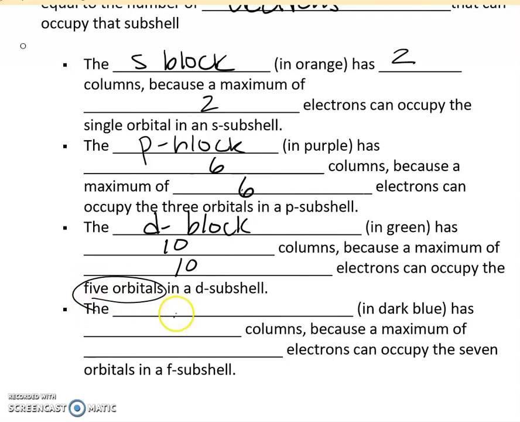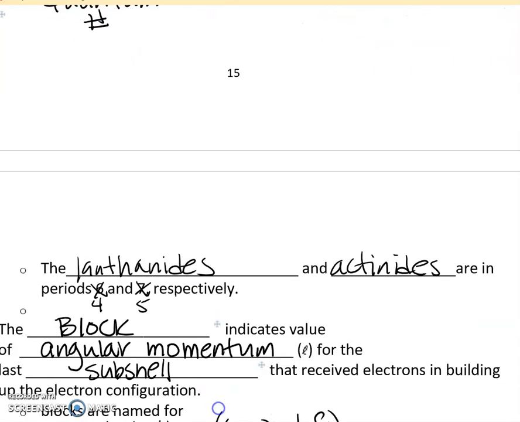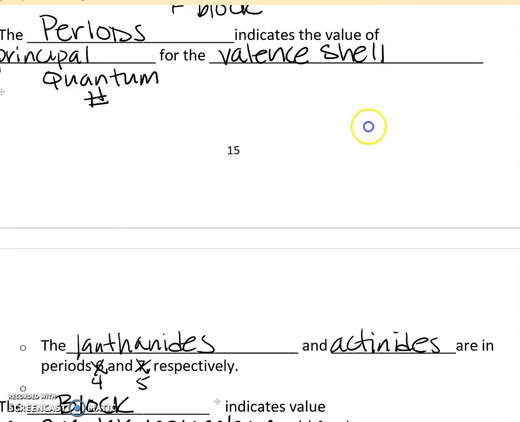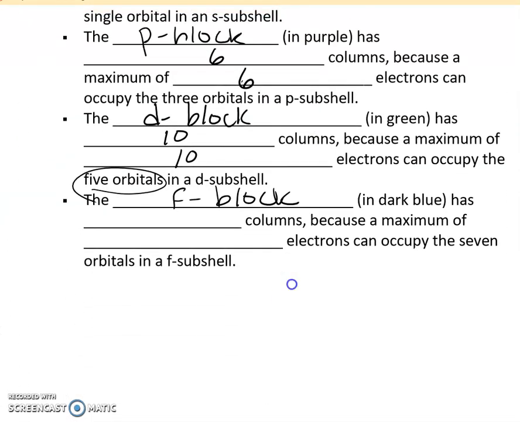And finally, the f block. It has 1, 2, 3, 4, 5, 6, 7, 8, 9, 10, 11, 12, 13, 14 columns. It has 14 columns because there's a maximum of 14 electrons that can occupy these 7 orbitals.